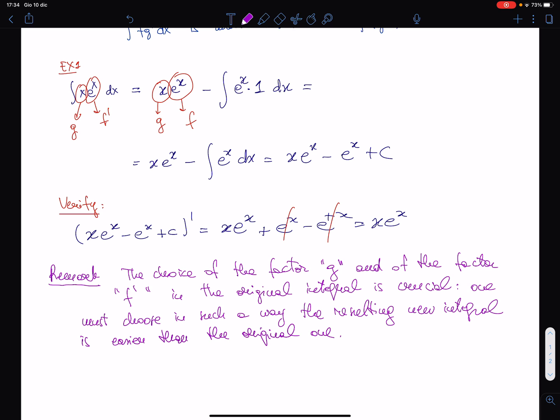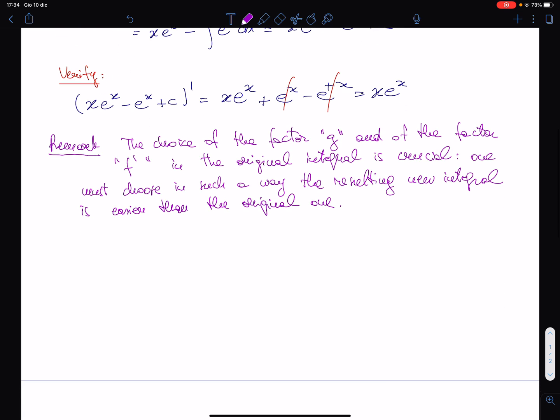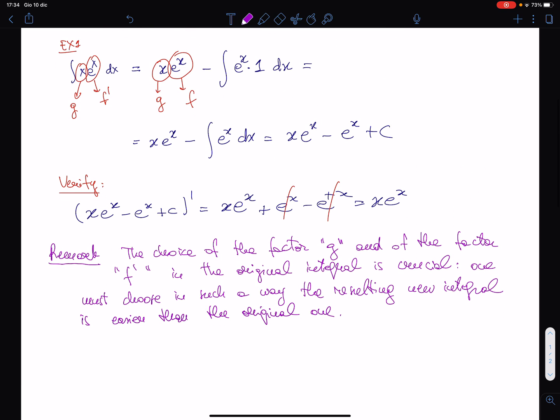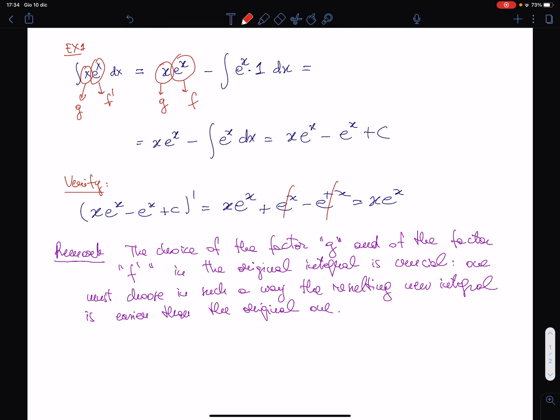Okay, this is very important. Let us verify by rediscussing example 1, but with the other choice of g and f prime.